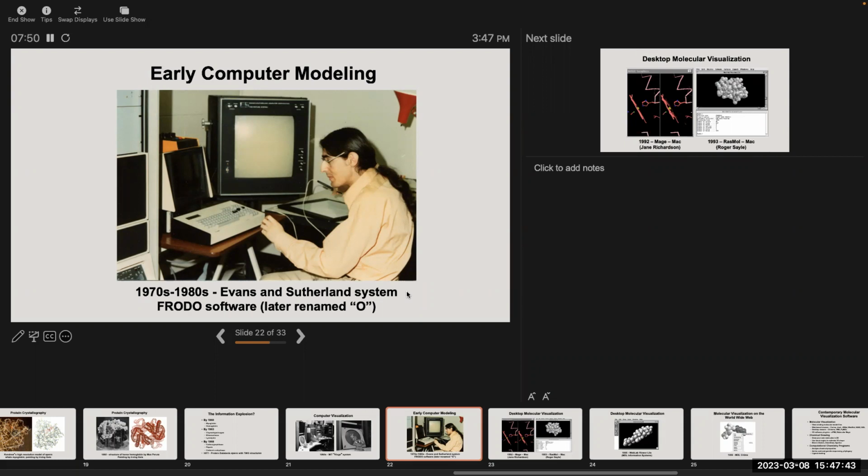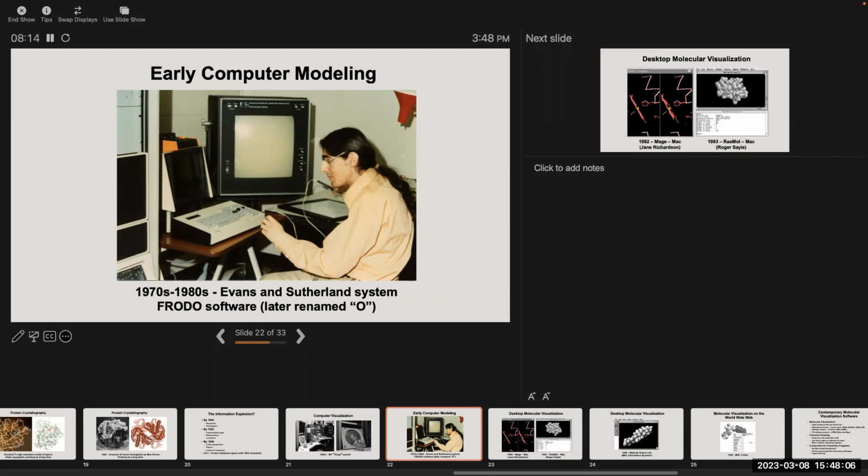One in particular was manufactured by a company called Evans and Sutherland. Didn't take up a whole room, but it was still a great big monster of a computer. You can see the primitive keyboard that this guy's working on, and then the primitive computer monitor. But there was a piece of software that was written specifically to run on an Evans and Sutherland system.